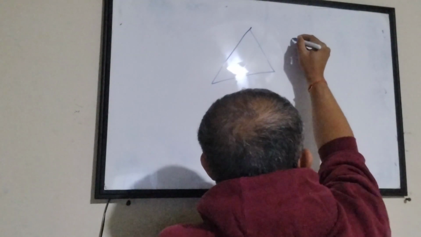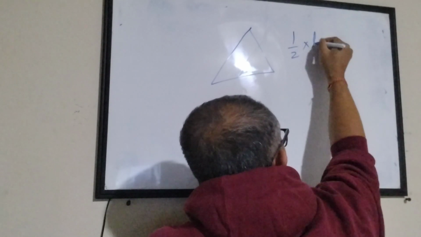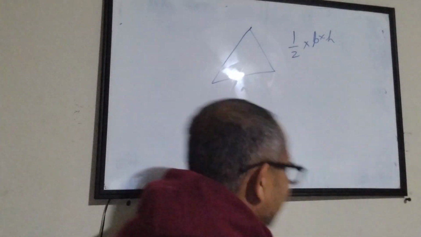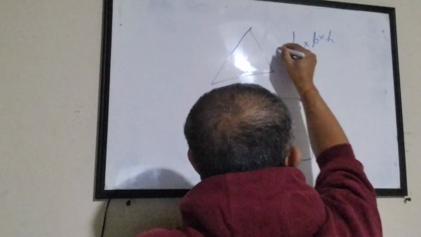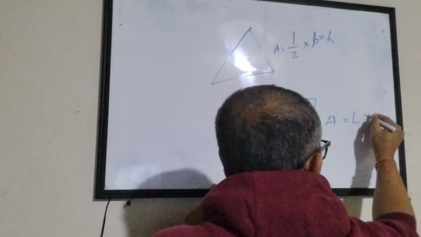Area of a triangle is half base times height. Anyways, you already know it, so I'm not forcing you. And the area of a rectangle is length times breadth, or length times width.